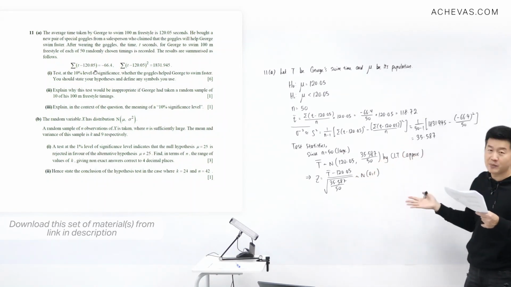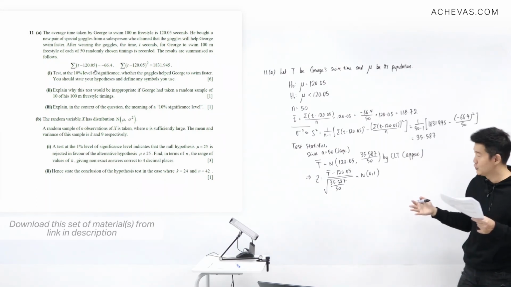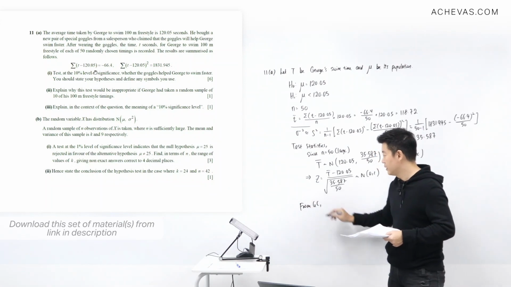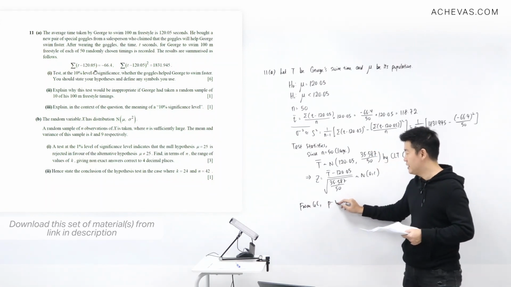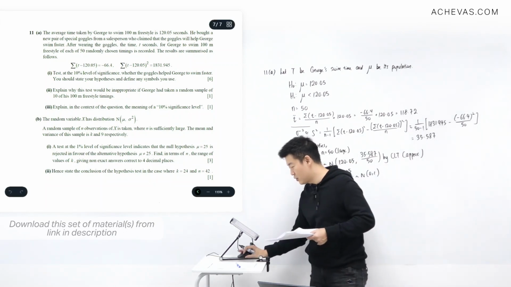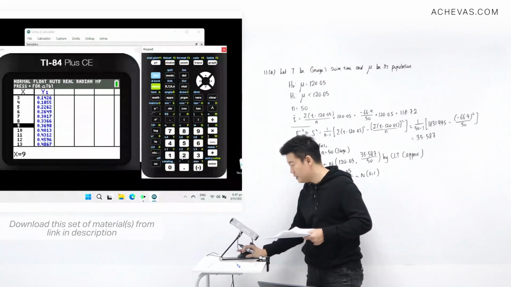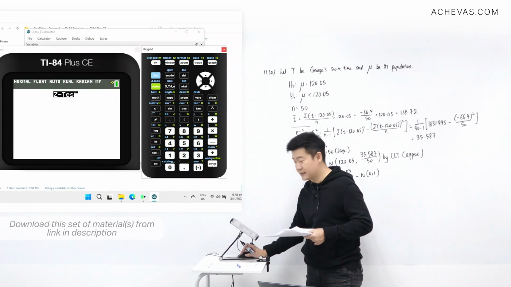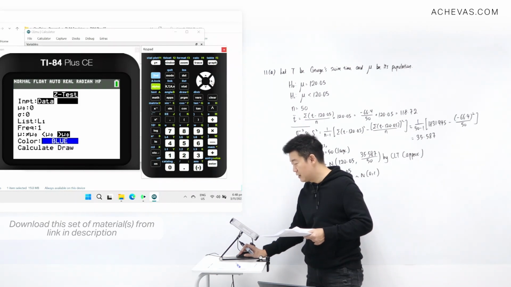Based on this information, we are going to plug it into our calculator to get the p-value. Let's try it together. On our calculator, we're going to press stats and we're going to go for test. In test, we press the z-test. Let's go for statistics here.